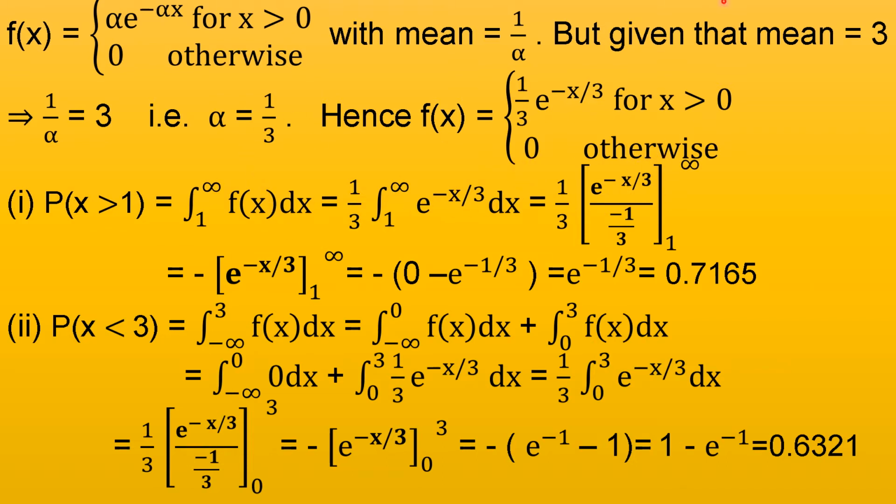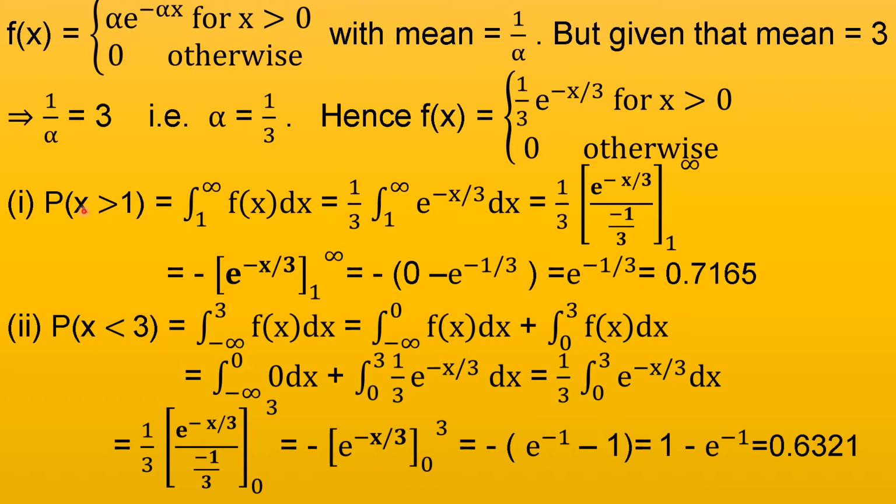So once you get the probability density function f of x, then you can calculate any type of probability under this exponential distribution. We have f of x equal to 1 by 3 into e power minus x by 3 for all positive x values, and for all other values which are not greater than 0, f of x will be 0.